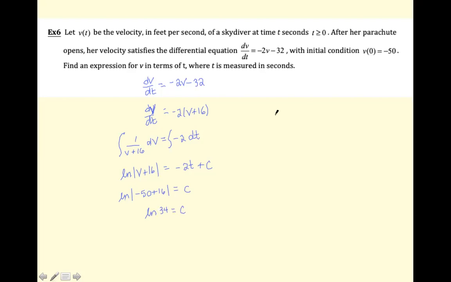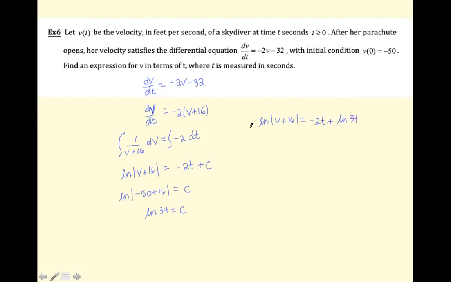All right, so our function is now ln of v plus 16 is equal to negative 2t plus ln 34.